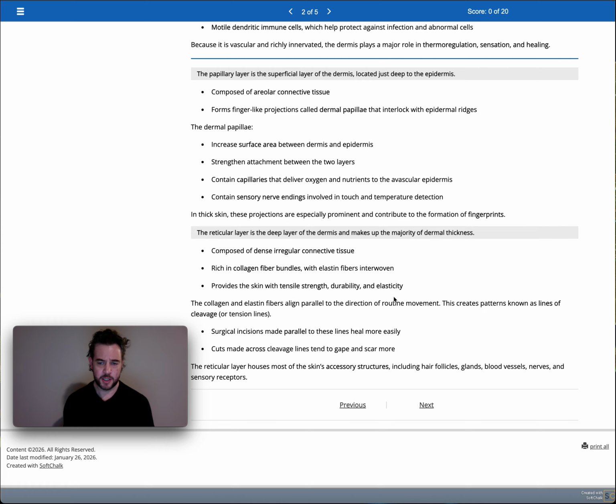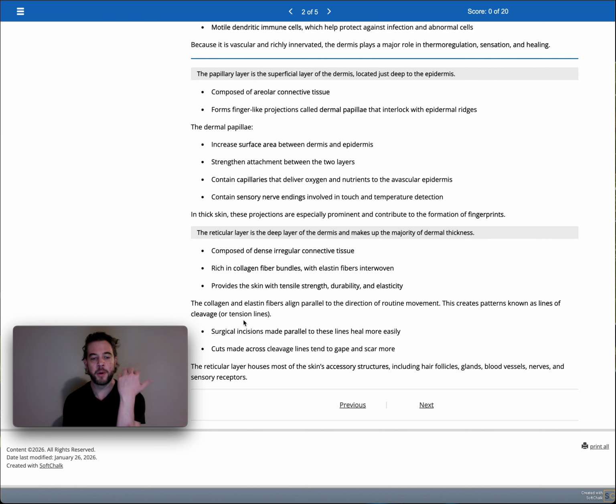The last thing here is just talking about lines of cleavage. So this is really important if you're going to get into any kind of surgeries, plastic surgery, any kind of thing like that. So skin has different types of tension. There are different ways that the collagen fibers will align themselves.